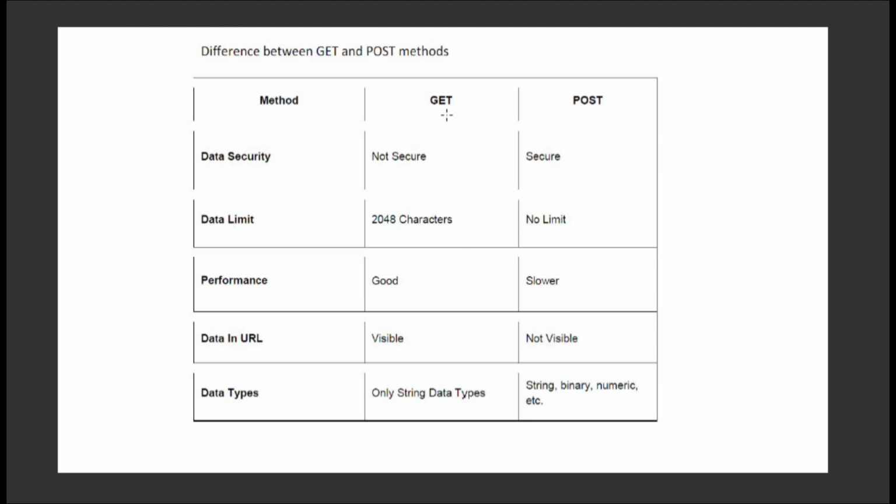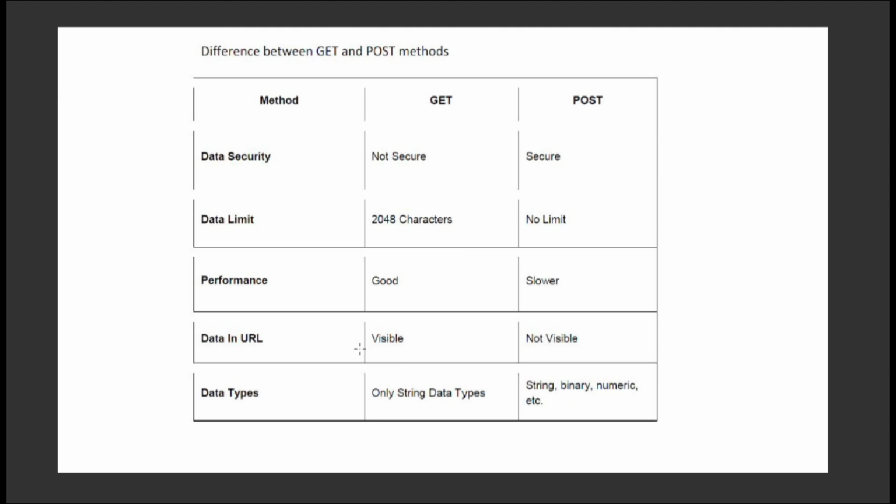The data limit. The get has the data limit as 2048 characters, but in the post method there is no limit for it. Next, the performance. The get method performs better in comparison to the post method, but the post method is a little bit slower. Next, the data in URL.